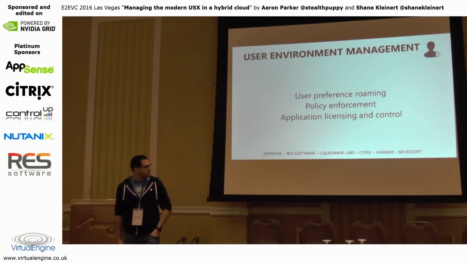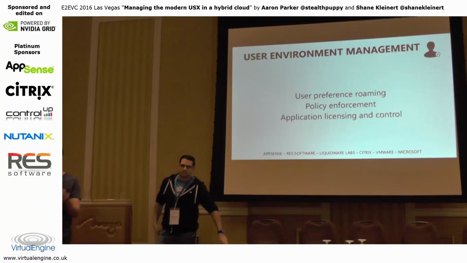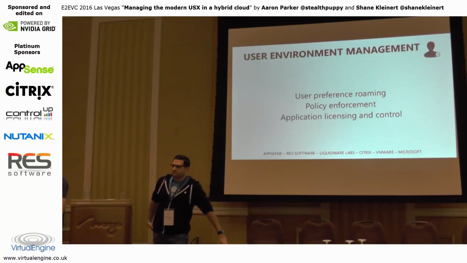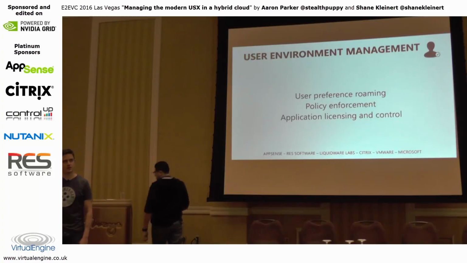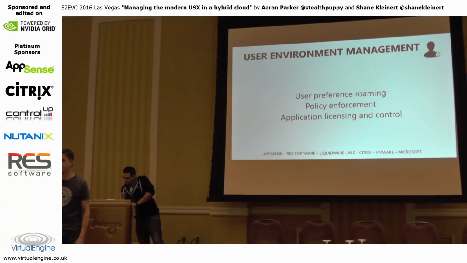From an application licensing perspective, a key enabler for a hybrid desktop is going to be moving to user-based licensing. Microsoft has been dragged kicking and screaming, I guess. Even Office and now Windows is going to be, if you're doing Office 365, a user-based license.